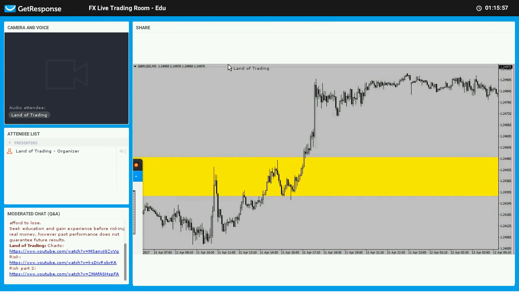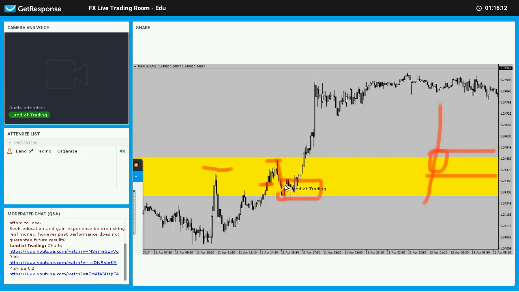Okay, what we have and where. And we see higher high from here, drop, base, rally. Remember, we are looking for something inside the higher time frame.